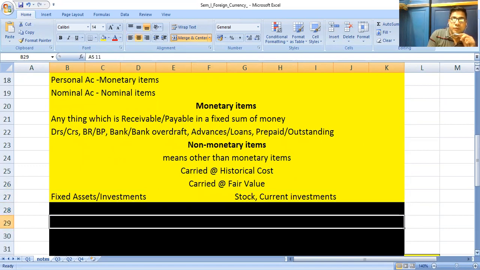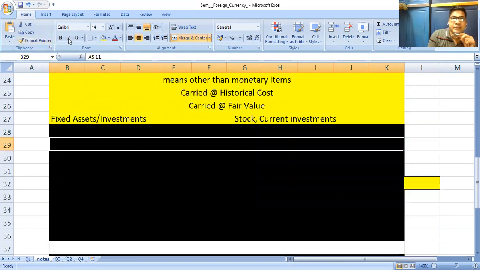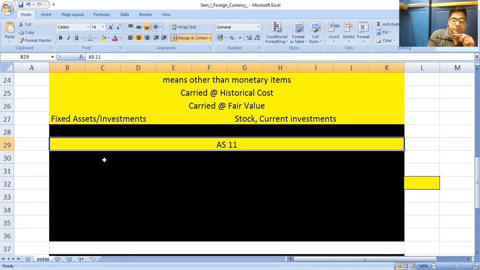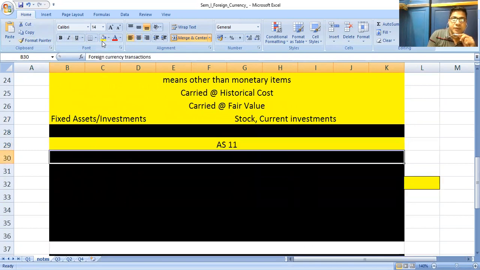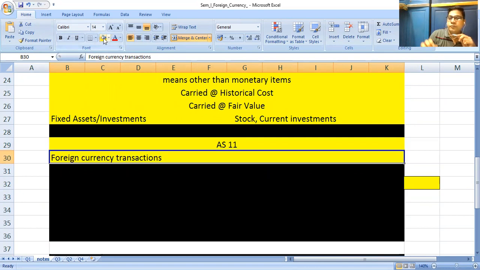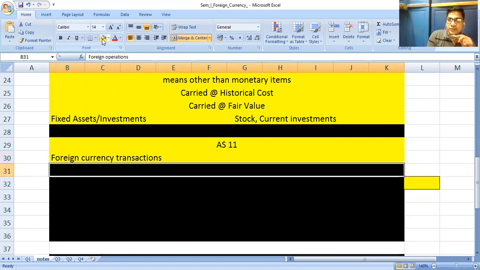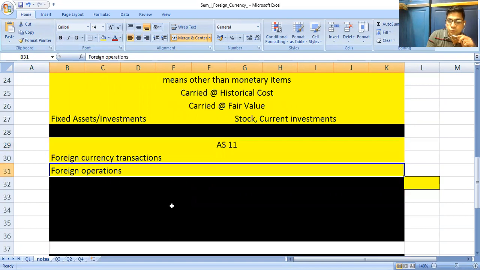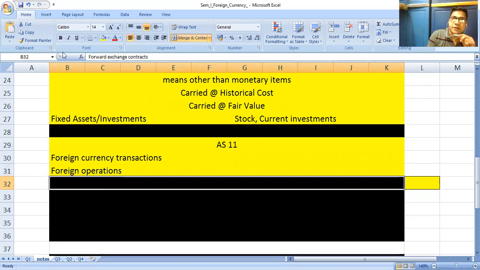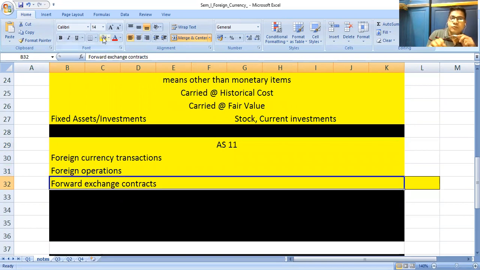Now, whenever we talk about Accounting Standard 11, it is related to foreign currency transactions. It also covers foreign operations, and it includes forward exchange contracts.